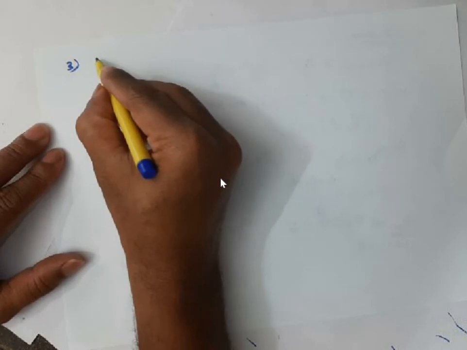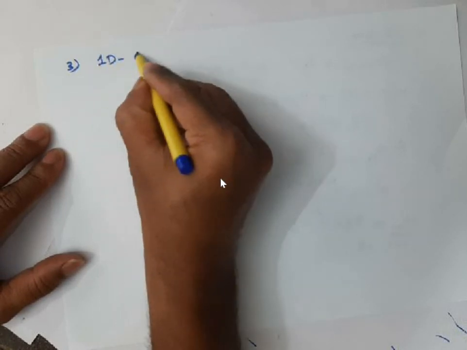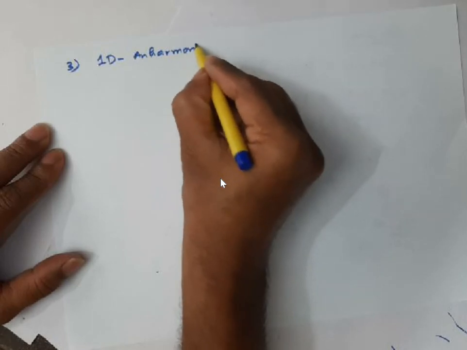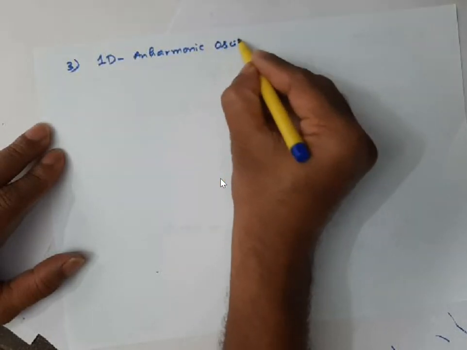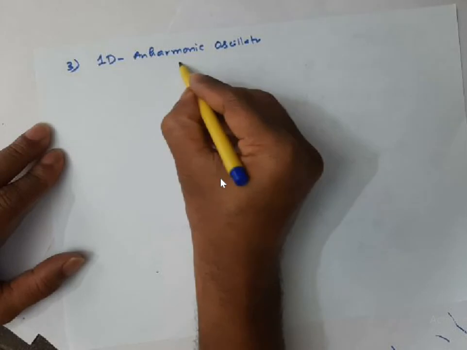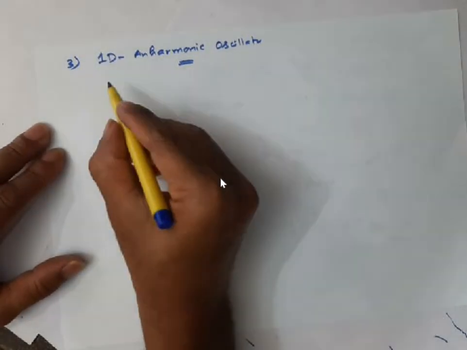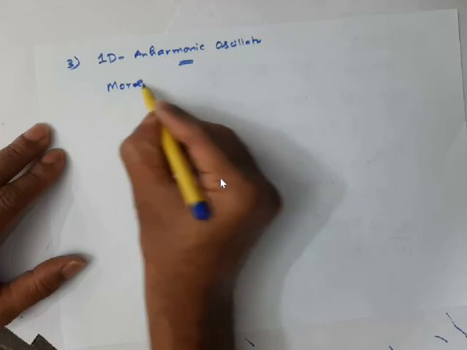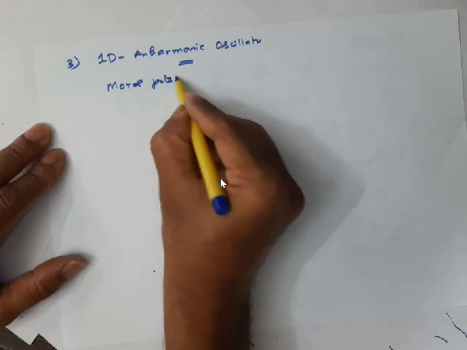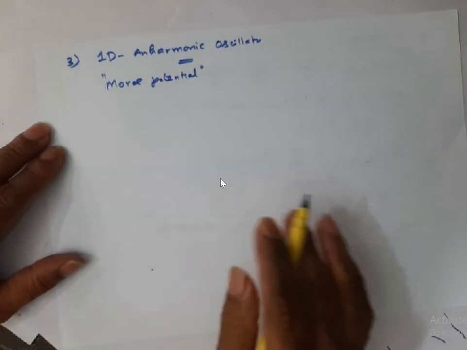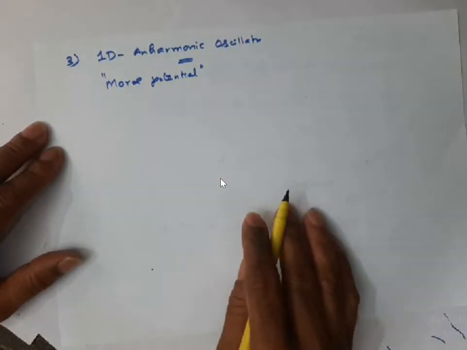Let me give one more point. I'll take one more example. Suppose you take an anharmonic oscillator. I'll take a one-dimensional anharmonic oscillator which obeys the Morse potential. Let us assume that the system obeys the Morse potential function.